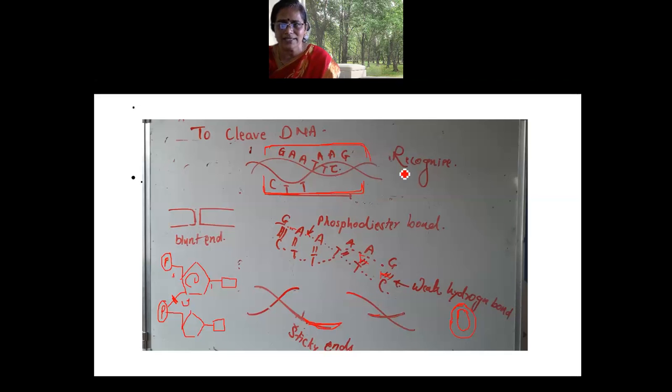Firstly, it recognizes the restriction site. Then it breaks the phosphodiester bond, which is the backbone of the DNA. Then it breaks the weak hydrogen bond and produces the sticky strands, and it requires the Mg++ ions.